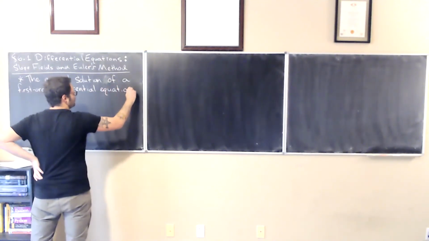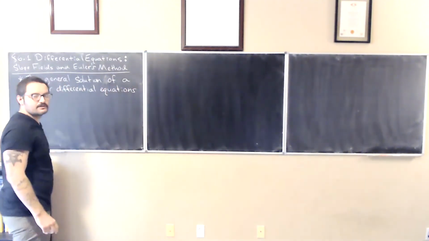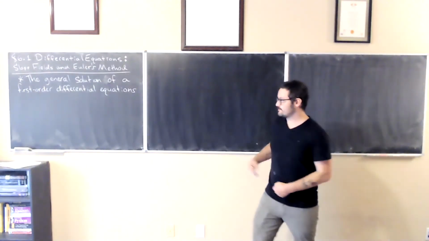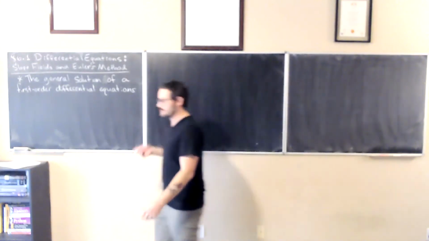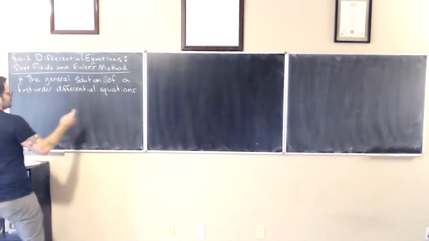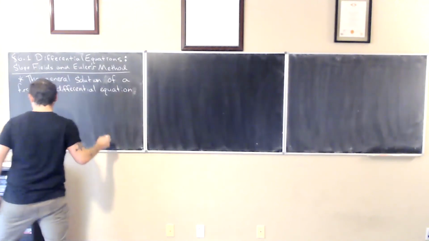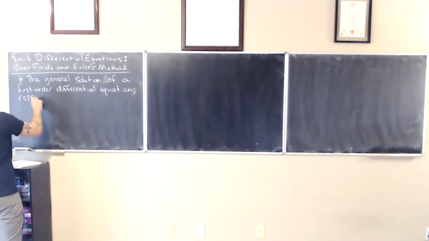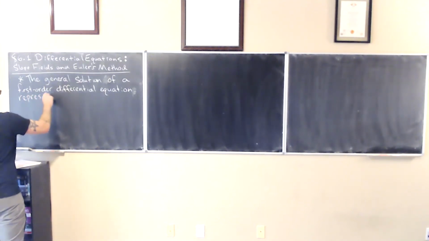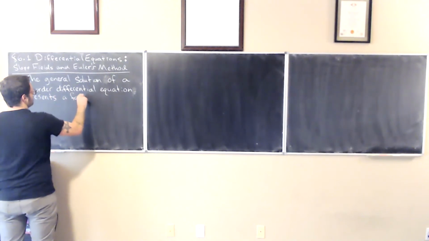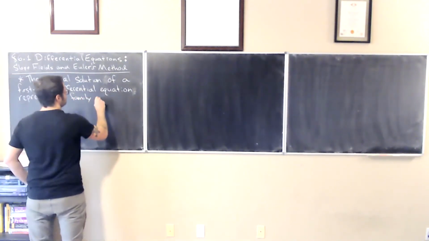Okay, so this is some infinite collection of functions, possibly infinite, something more than one, as we've seen. So the general solution of a first order differential equation represents a family of curves.